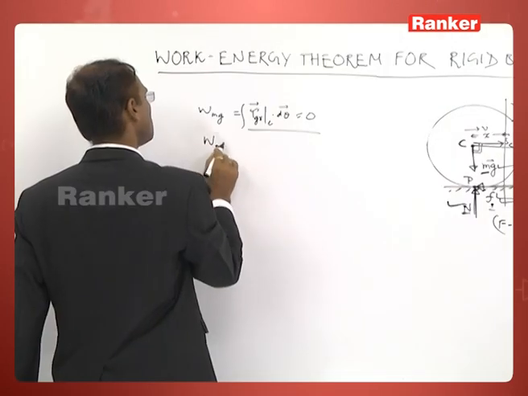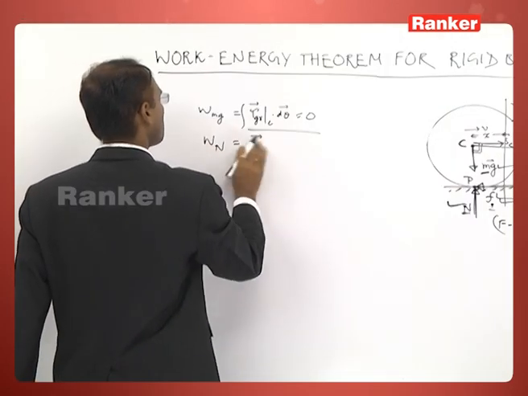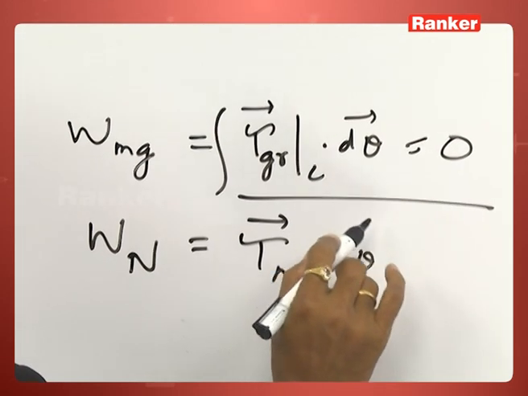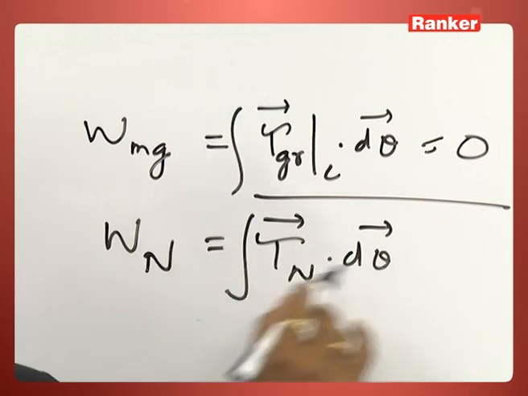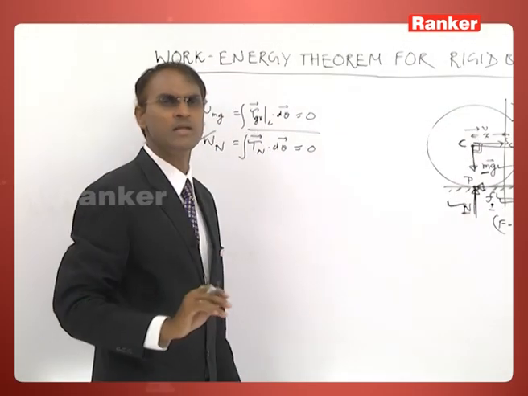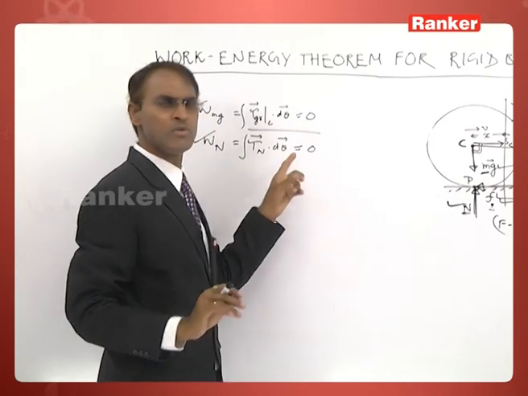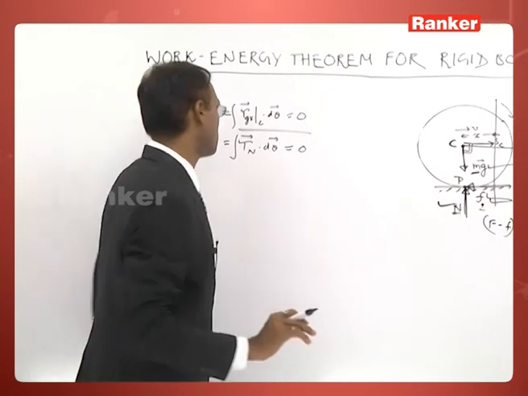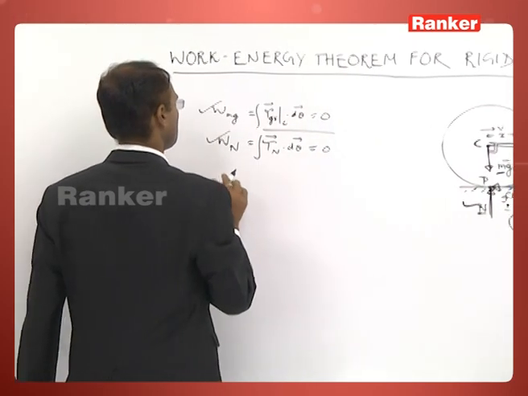Work done by normal reaction is the torque produced by the normal reaction dot d theta with respect to center of mass, and the integral of this will also be equal to 0. So these two forces cannot produce any torque. Therefore, they cannot produce any work in rotating the rigid, rolling object.